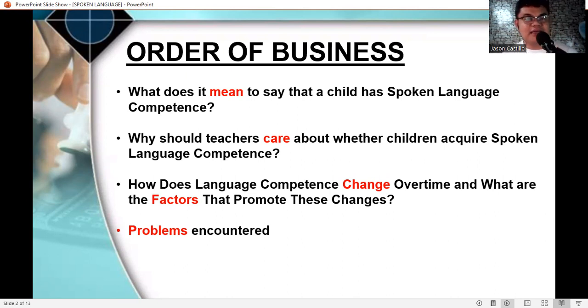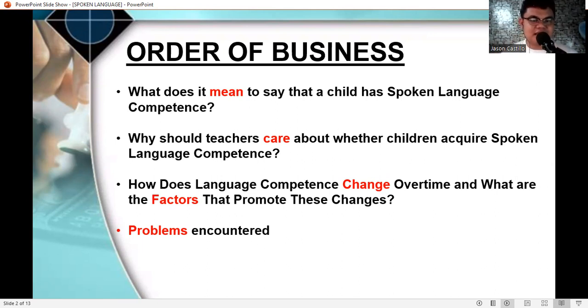The second one is, as teachers, why should we care whether these children acquire spoken language competence? Can spoken language competence affect the teaching and learning process inside the classroom? Later on, we're going to deal with that.